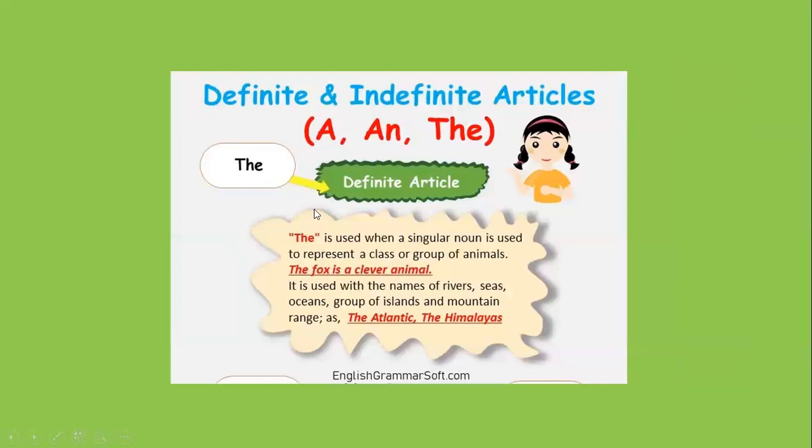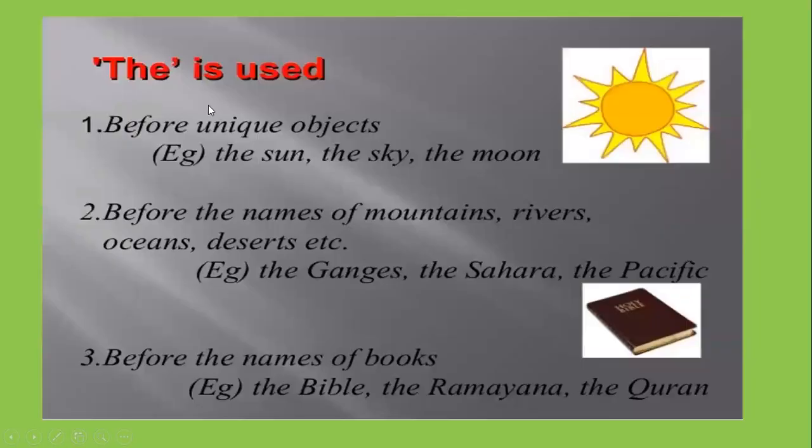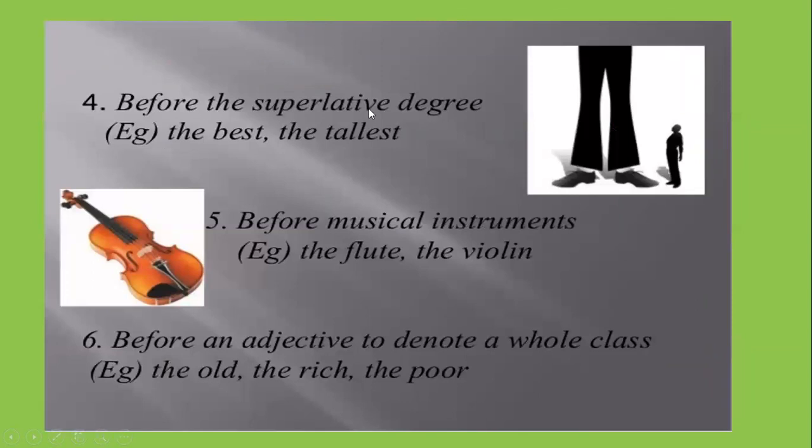Many times we use "the" when we represent a class or group of animals, like the fox is a clever animal. We use "the" before a unique object like the sun, the sky, the moon. We use "the" before mountains, deserts, rivers, and oceans, like the Ganges, the Sahara, the Pacific, the Atlantic, the Indian. We use "the" before books like the Bible, the Ramayana, the Quran. We use "the" before the superlative degree, like the tallest, the best, the most beautiful, the worst.